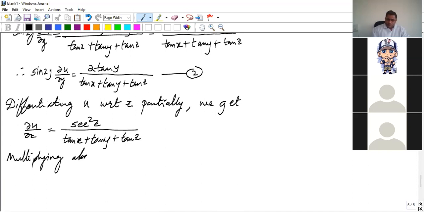Then next step, multiplying the above equation by sin 2z.